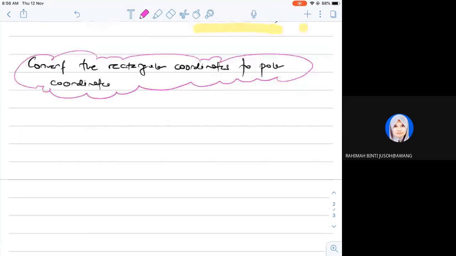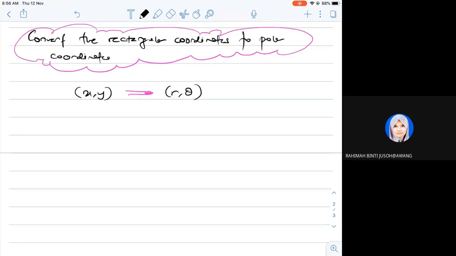In this case, we are going to change from x and y to r and theta. Again, there are two formulas involved here.